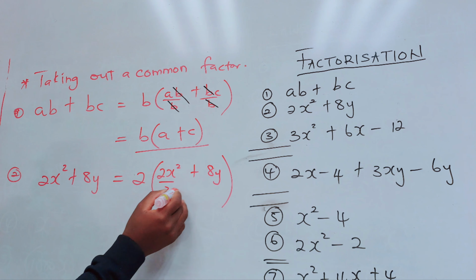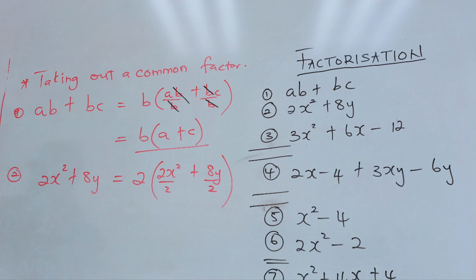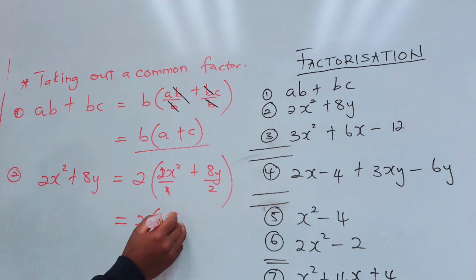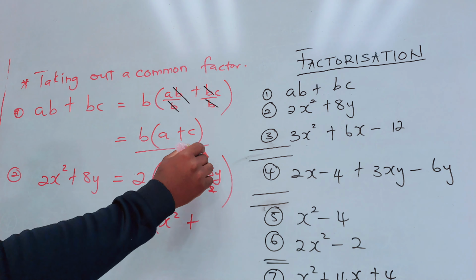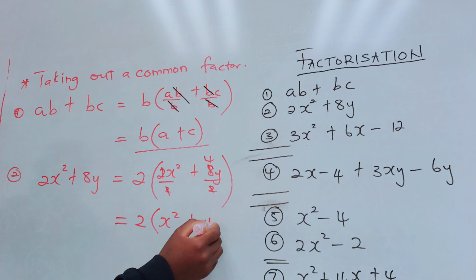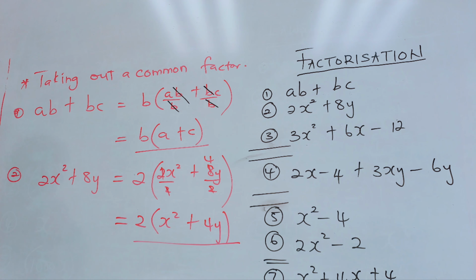Then we divide by our common factor throughout. 2 divided by 2 cancels and gives us a 1. So we have x squared plus 8 divided by 2 is a 4. So our answer is 2 open bracket x squared plus 4y.